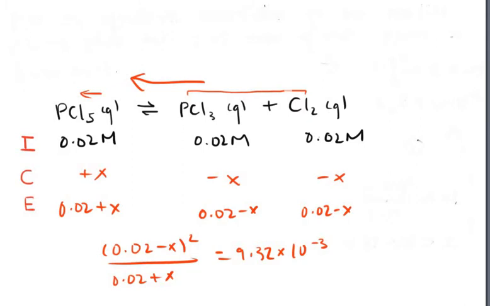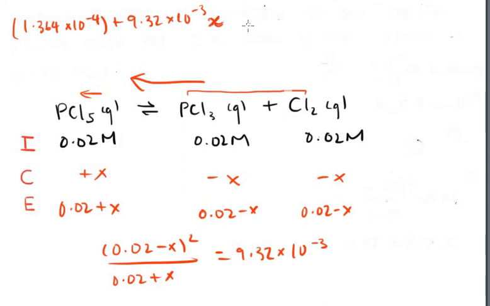So let us rearrange this. Okay, so we're given this, right? So let's multiply 9.32 times 10 to the negative 3 with this. And so what we get is 1.364 times 10 to the negative 4 plus 9.32 times 10 to the negative 3x.